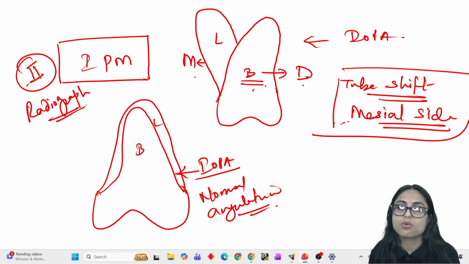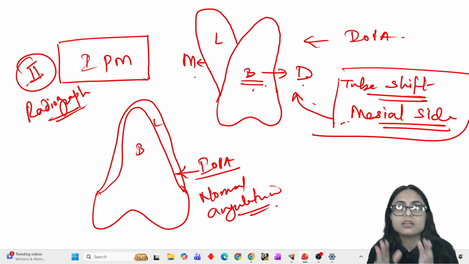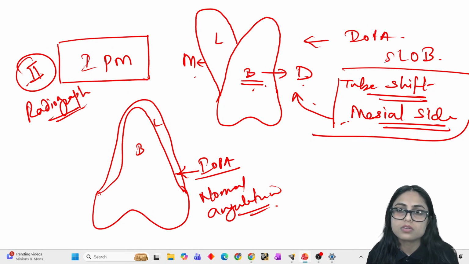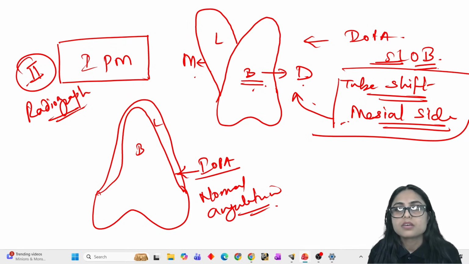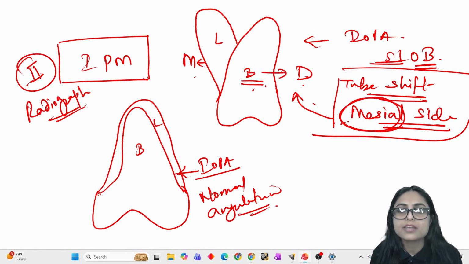In this scenario only, you will see the buccal root more distal than the lingual root, because we follow the SLOB rule: same side lingual, opposite side buccal. That means if your root is moving to the opposite side of the tube shift, your root is located buccally.